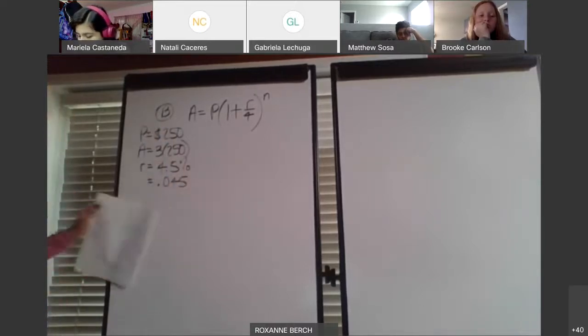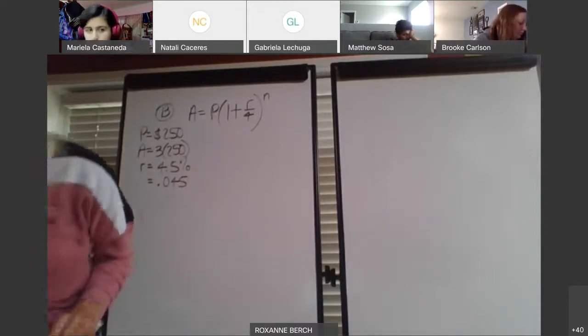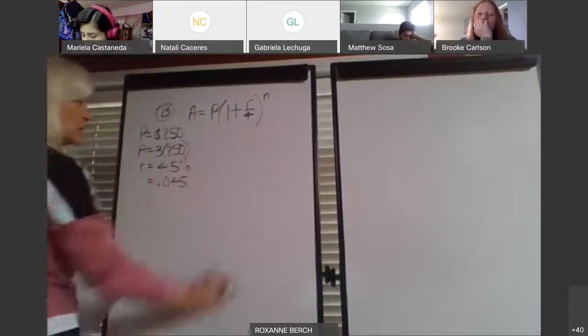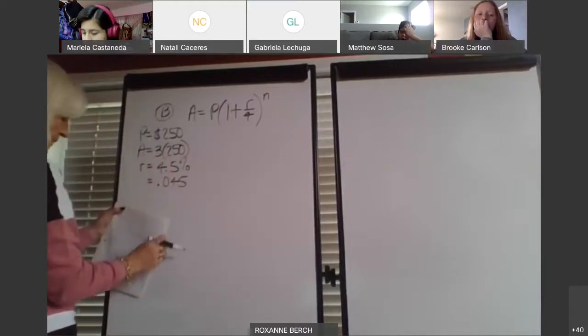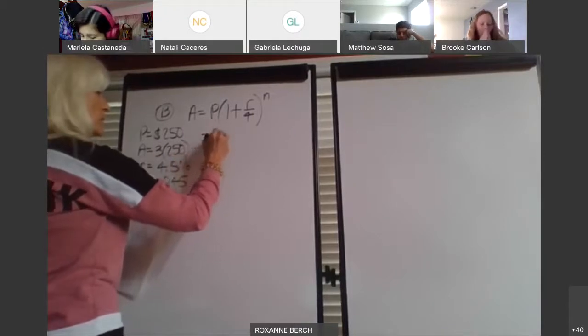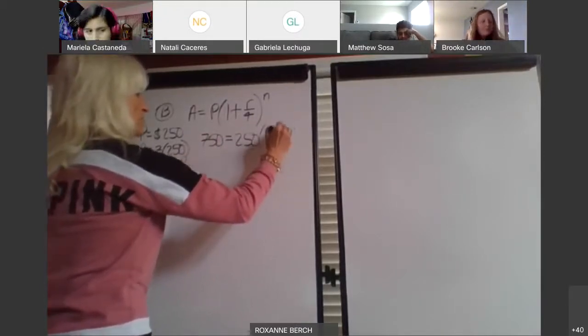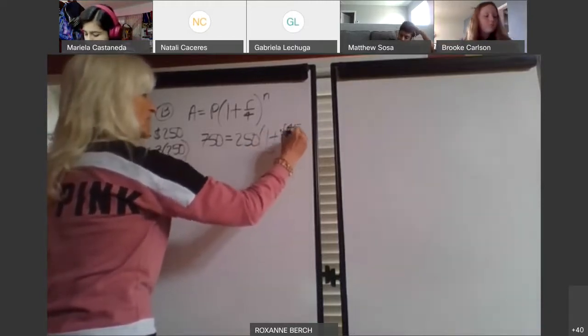And once again, they want to know how long, which means we're solving for n. It is an exponential equation. So now we have 3 times 250, which is, I think, 750, is equal to the principal times 1 plus 0.045 divided by 4 to the n.